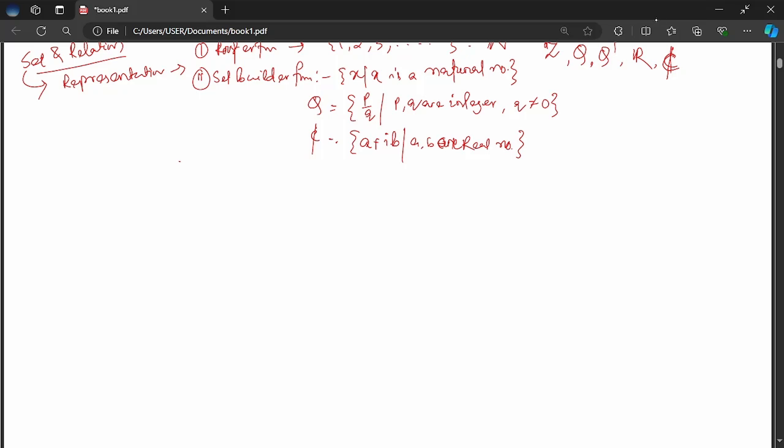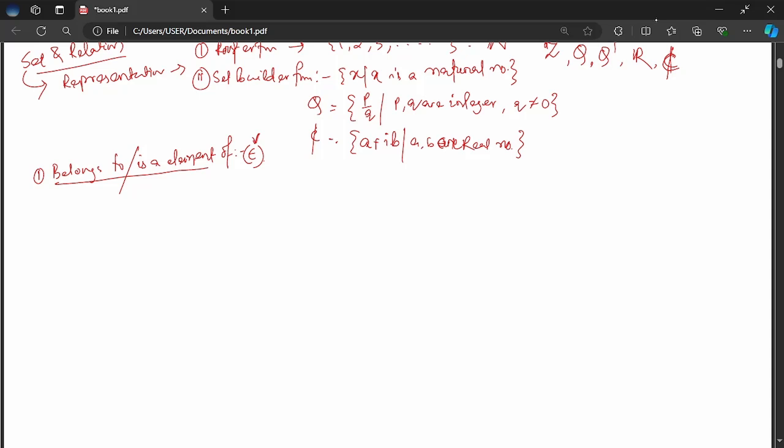Then we start with what is belongs to. Belongs to, or is an element of, is symbolized by this symbol. When an element belongs to some set, you relate them with this symbol.